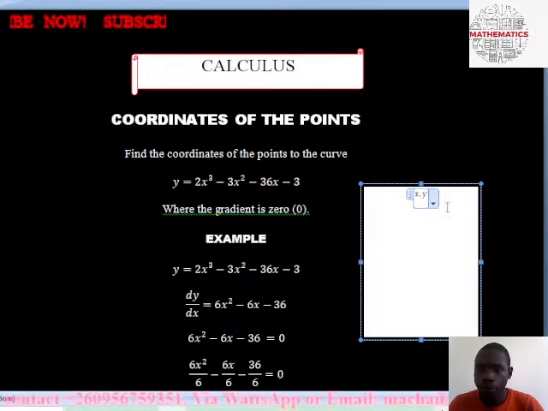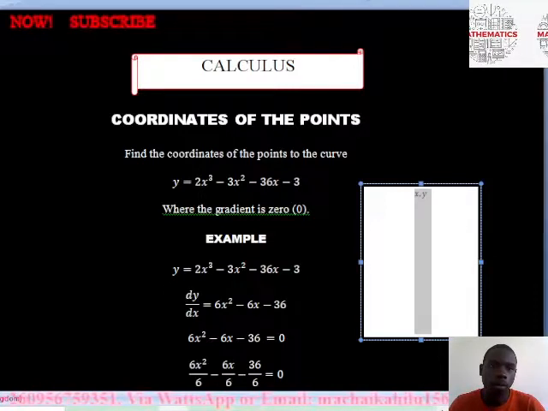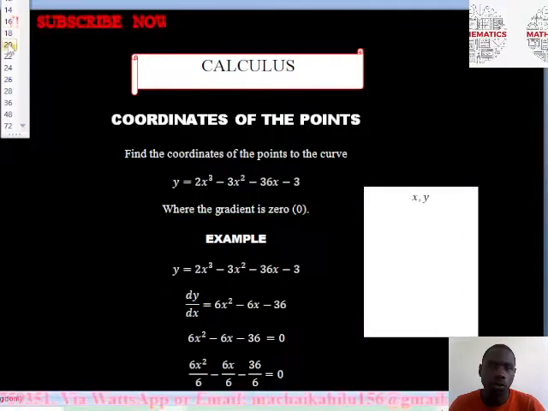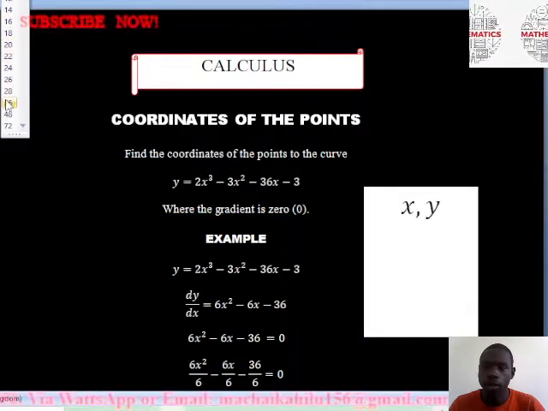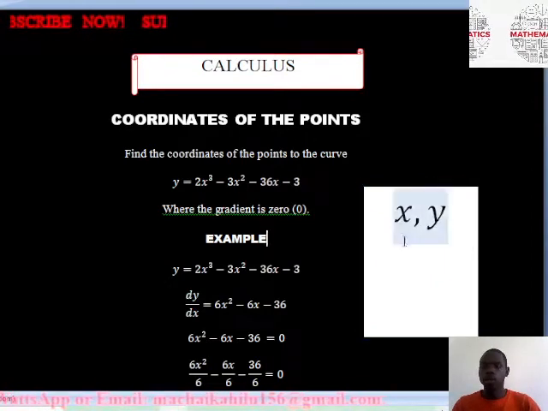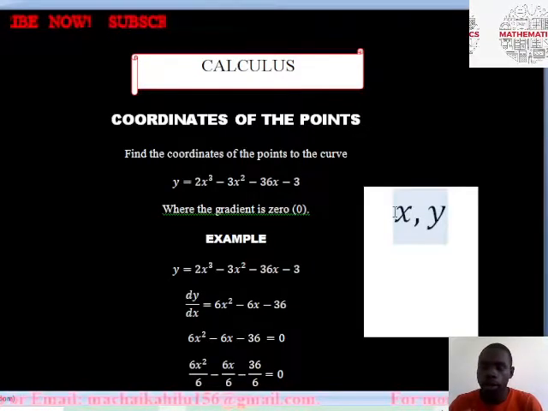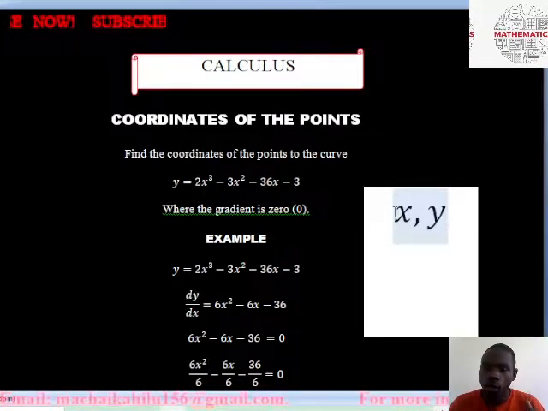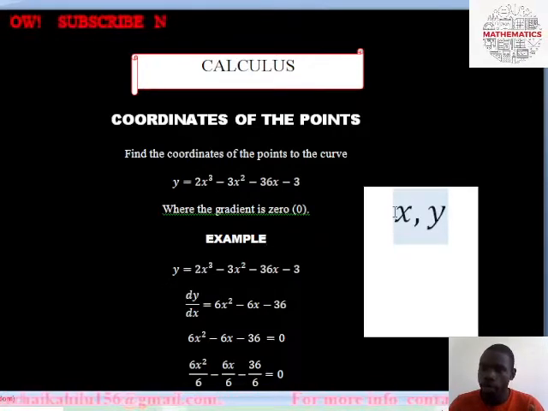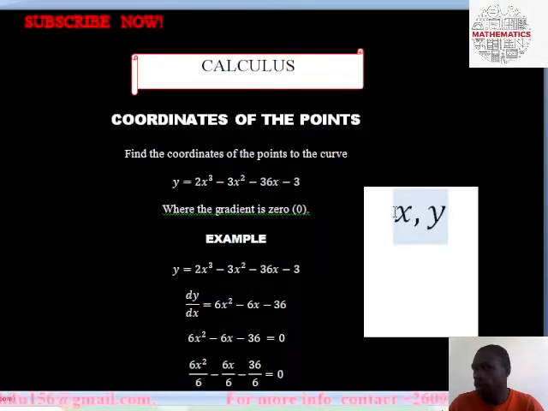Hope you'll be able to see it. Let me zoom it. This is what I mean, ladies and gentlemen. So x, y, where x represents the coordinate on the x axis and y represents the coordinate on the y axis.